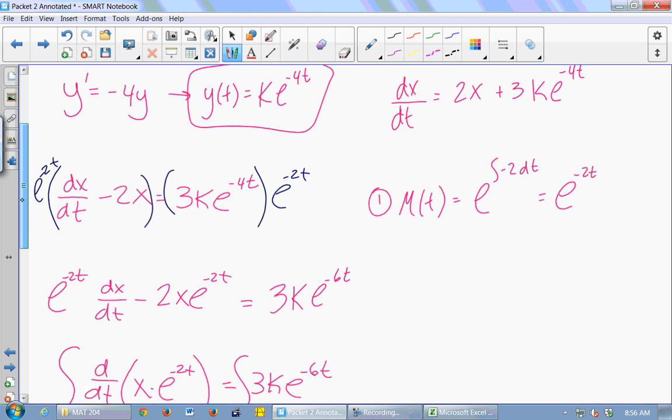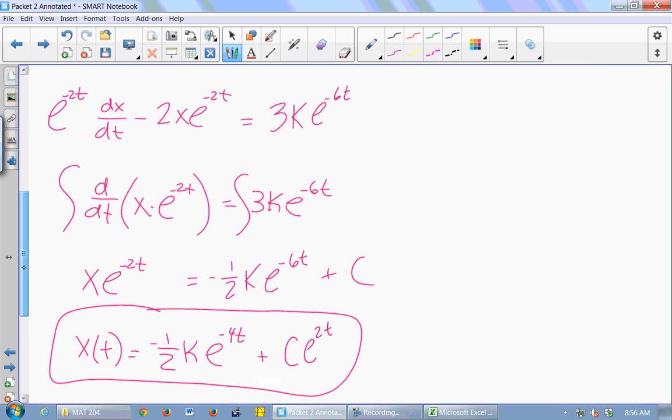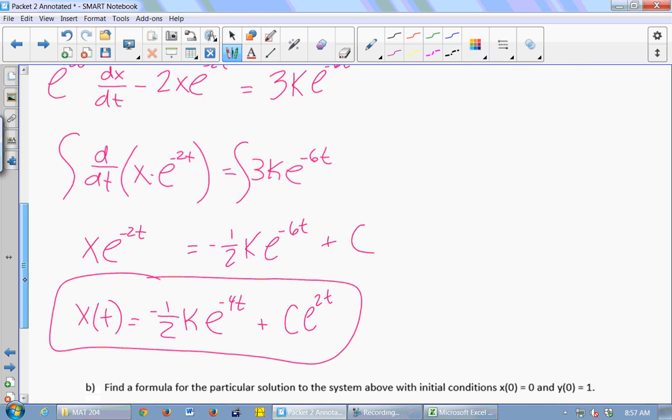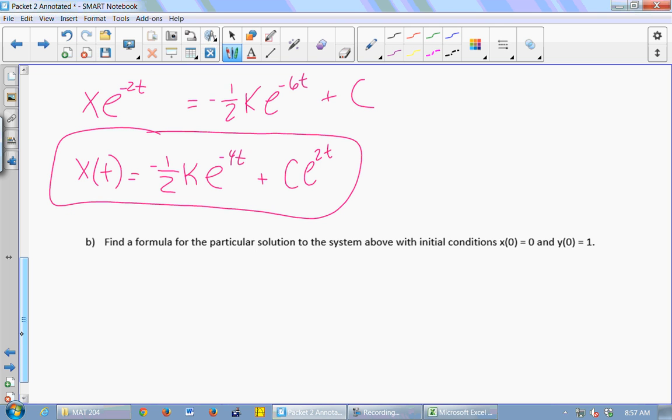Same k, yep. But I do have two unknown constants. I've got a k and I've got a c. I have to figure out both of them, and I can use my initial conditions to get them.